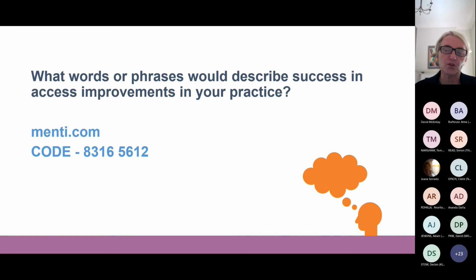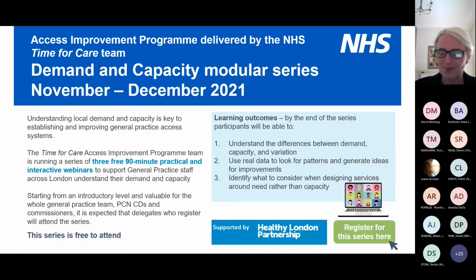So thinking about if you went back to your practice after the webinar today, decided on an access improvement project and worked through that with your team, what would success look like? And think of some of the words that might mean for you, for your team or for your patients. And if you could go to menti.com and put that in, we'll come up with a word cloud as the session goes on today.